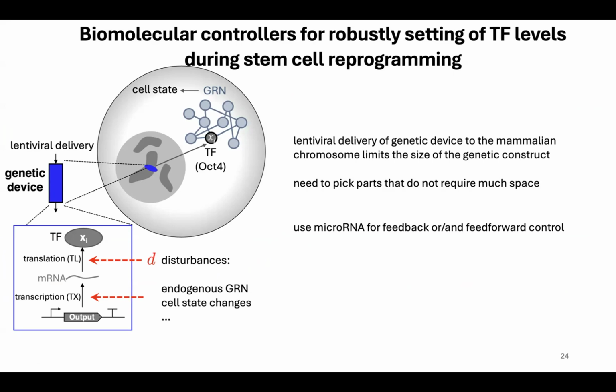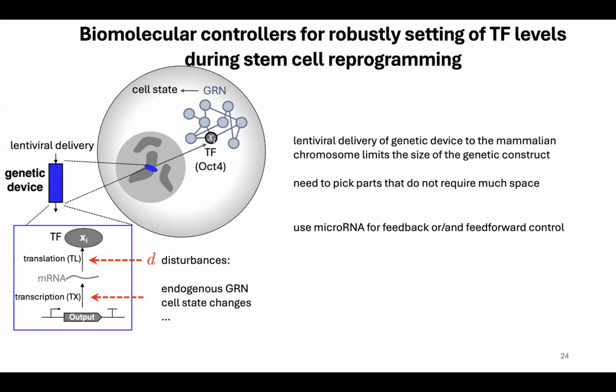So you essentially encode your circuit in lentiviruses and you infect the cells. Then the virus makes your circuit integrate in the chromosome. The challenge with these is that for lentiviral design, you need to pick the parts such that they don't require much space in terms of length of base pairs on your gene, because there is a limited cargo. And I will say that for many of these applications, that's one big limitation.